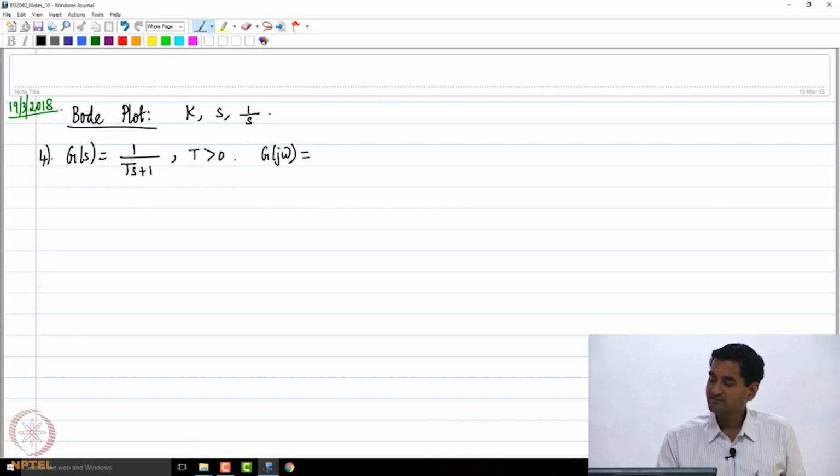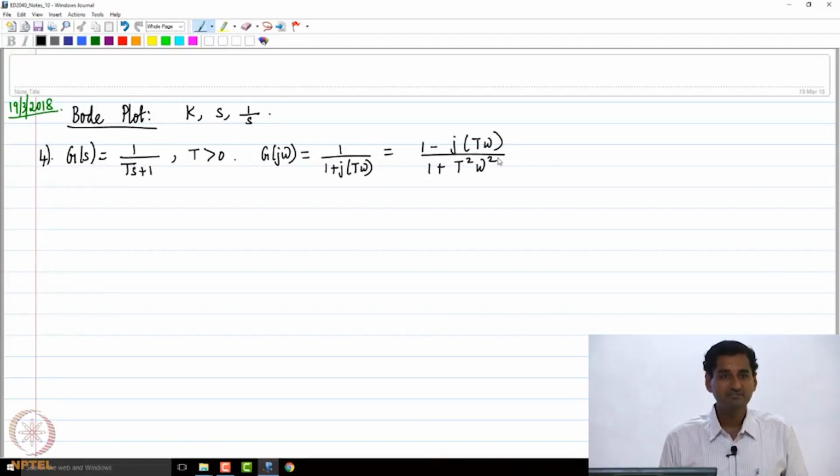Please recall that we are dealing with the sinusoidal transfer function, so you substitute s equals j omega. This is going to become 1 divided by 1 plus j T omega. This can be rewritten as 1 minus j T omega divided by 1 plus T squared omega squared, when I multiply by the conjugate factor.